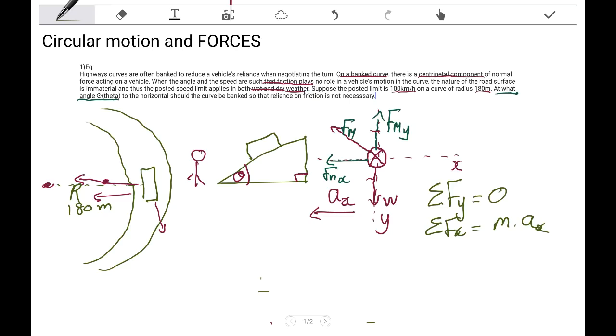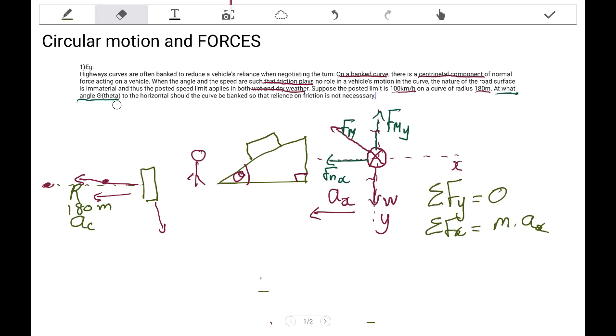Remember that this acceleration is at the same time a centripetal acceleration because it's pointing to the axis of rotation. So the sum of Fx is equal to m, the mass of the car, multiplied by the acceleration in the x direction. So now I should calculate my angle theta.